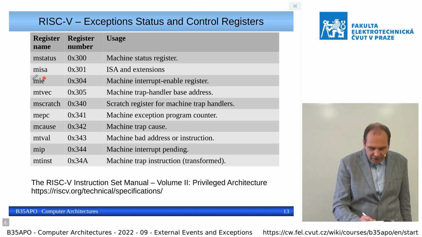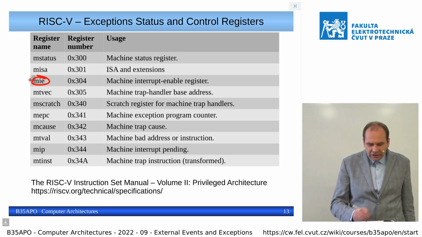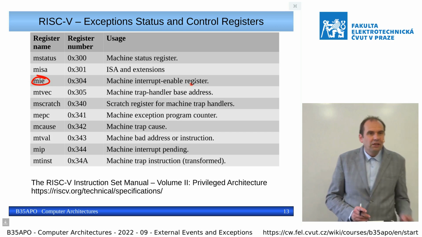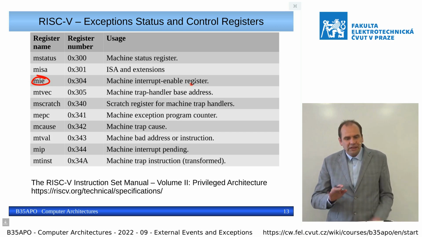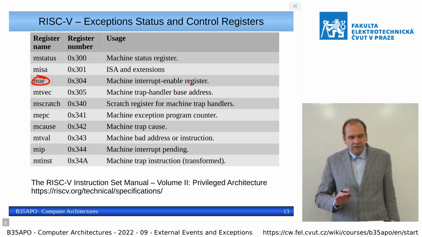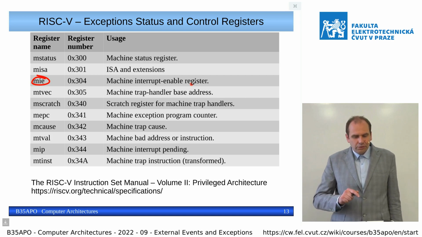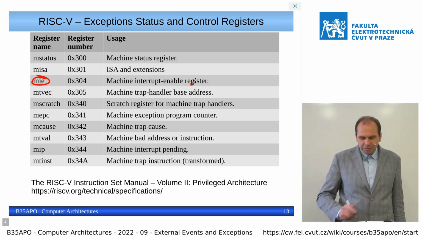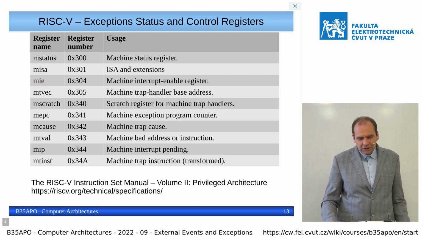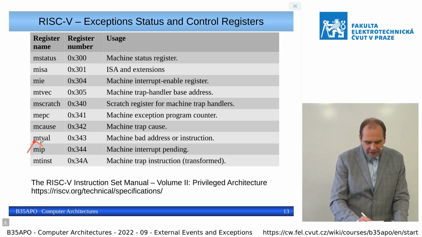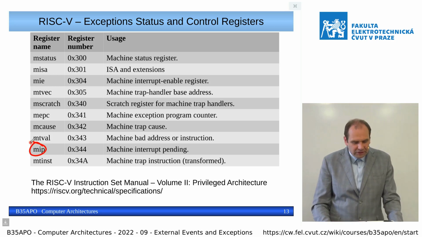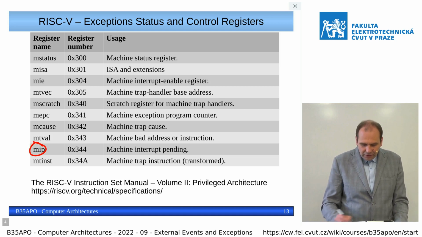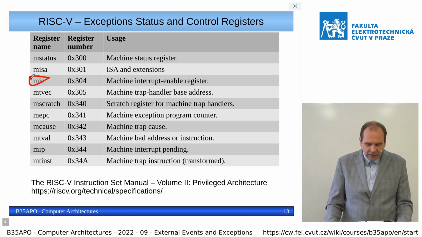Then we have the machine interrupt enable register, where you can select for those external sources whether the given request should result in interrupting the processing, or whether it should only stay pending and be processed later. So we can use this mask, in fact, to enable only a subset of the interrupts.